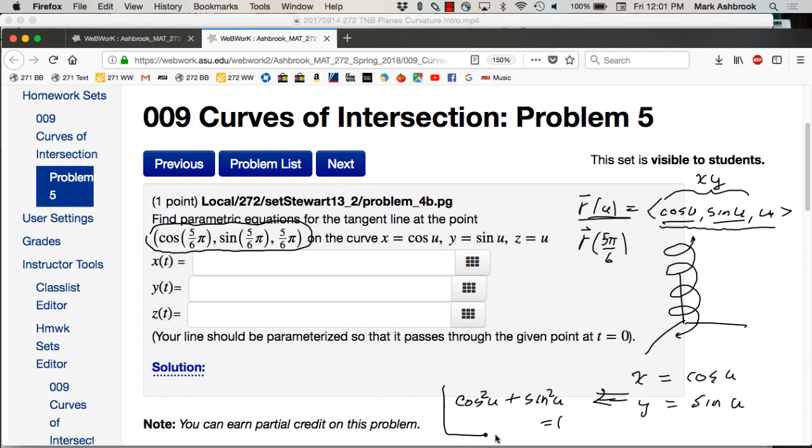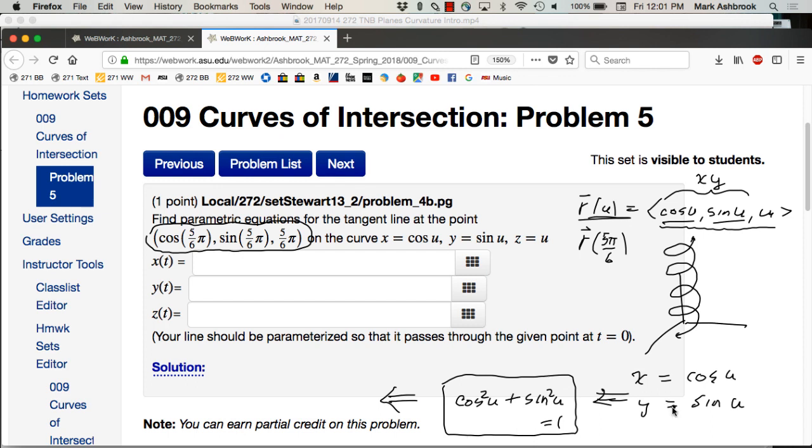So this is your go-between between surfaces and space curves that are based on an ellipse or a circle. We're going to take the equations for x and y, using that to get the equation of the surface, which we know is a single equation of x, y, and z. In this case, x and y.